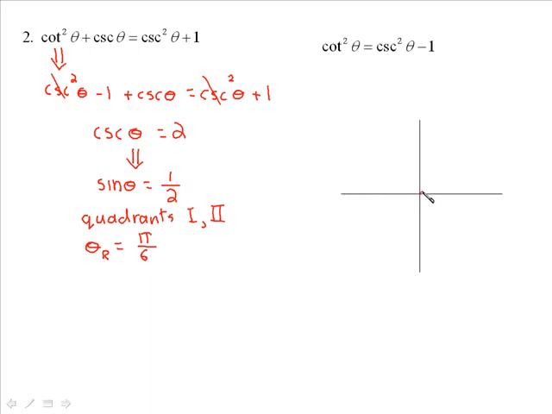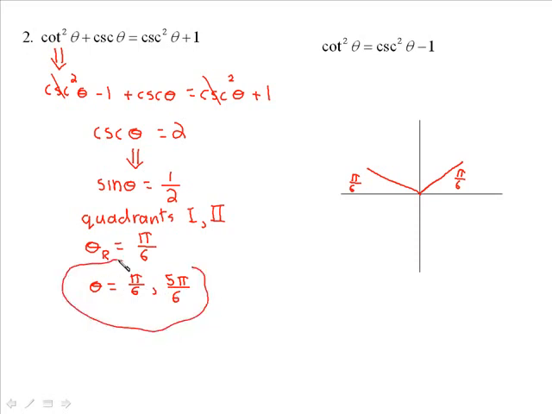So then in quadrant 1 and quadrant 2, you take that pi over 6 there, you take that pi over 6 there, and then work out your answer, which would be pi over 6 in quadrant 1, and then in quadrant 2 it would be 5 pi over 6. And so there are our two answers.